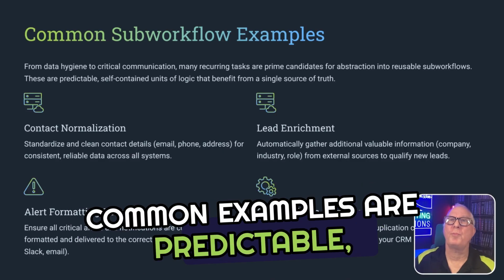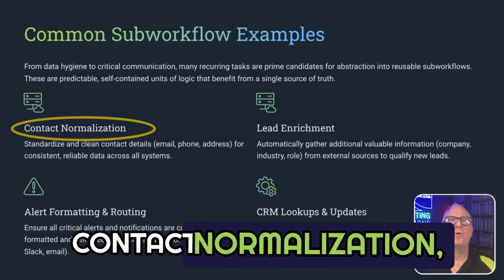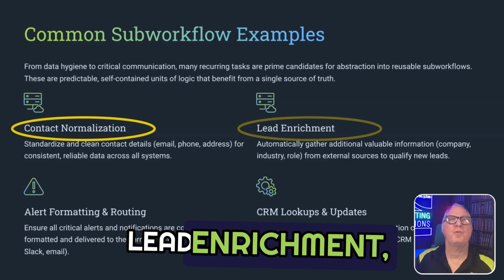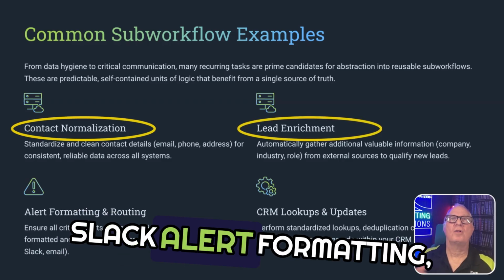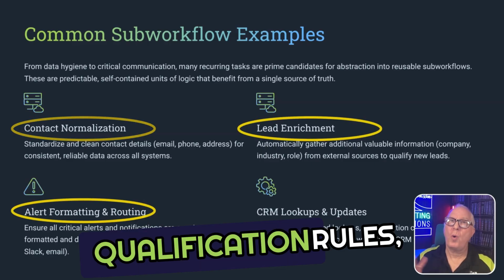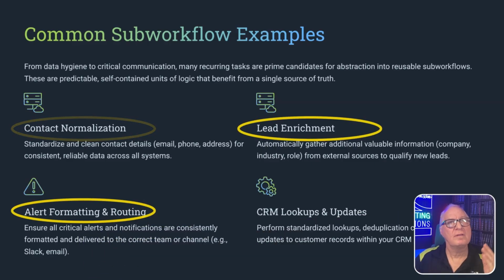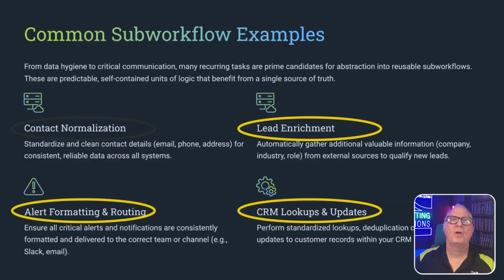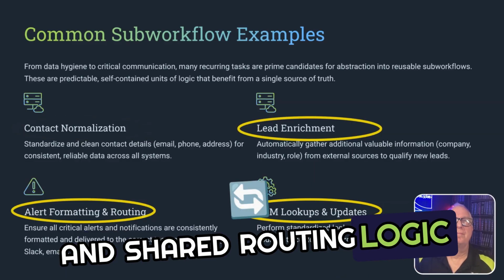Common examples are predictable: contact normalization, lead enrichment, Slack alert formatting, deduplication, qualification rules, CRM lookups, and shared routing logic.